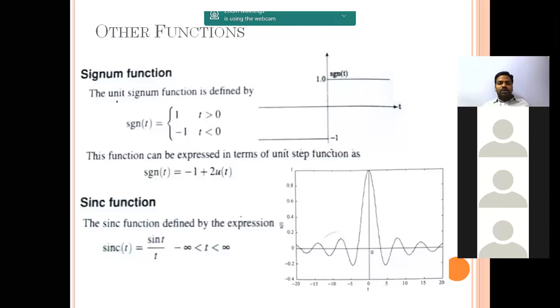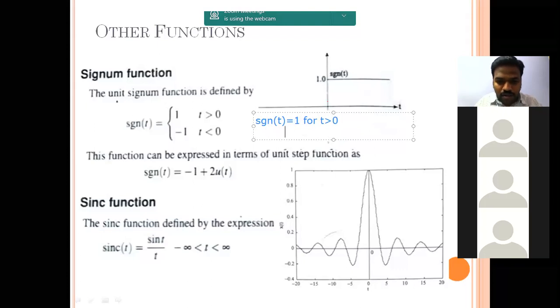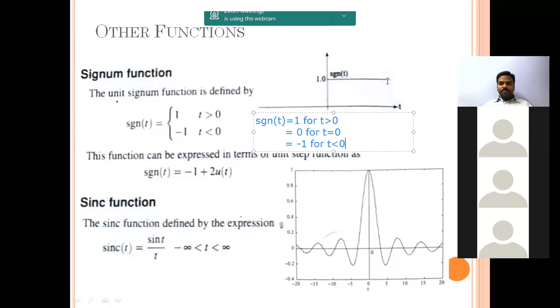If you incorporate t equal to 0, then you write signum of t equal to 1 for t greater than 0, equal to 0 for t equal to 0, and equal to -1 for t less than 0. Is it clear?